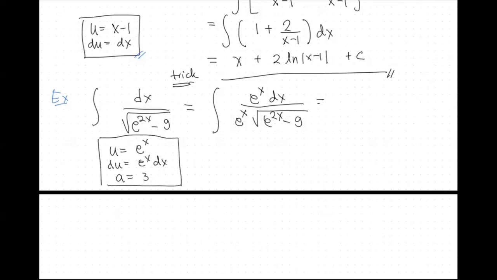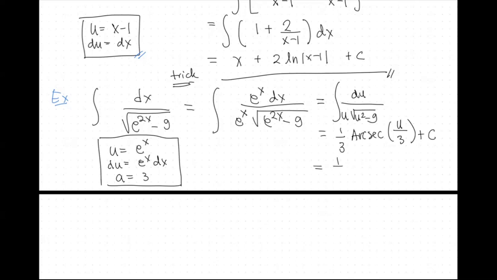And then you get here du over u square root of u squared minus 9. So this is 1 over 3 arc secant of u over 3 plus c. So this is 1/3 arc secant of e to the x over 3 plus c.